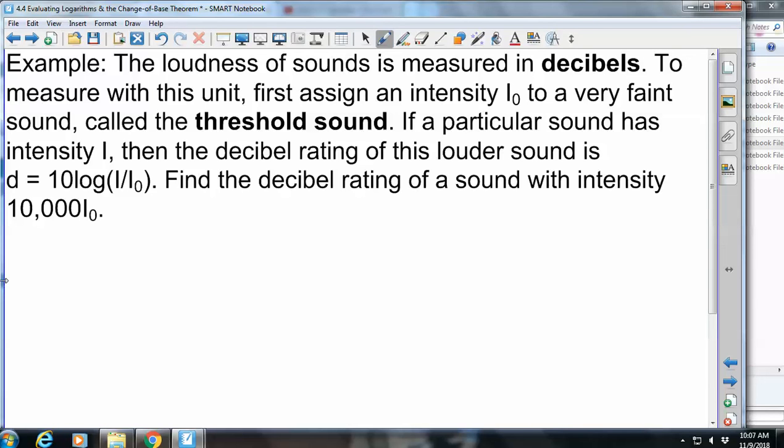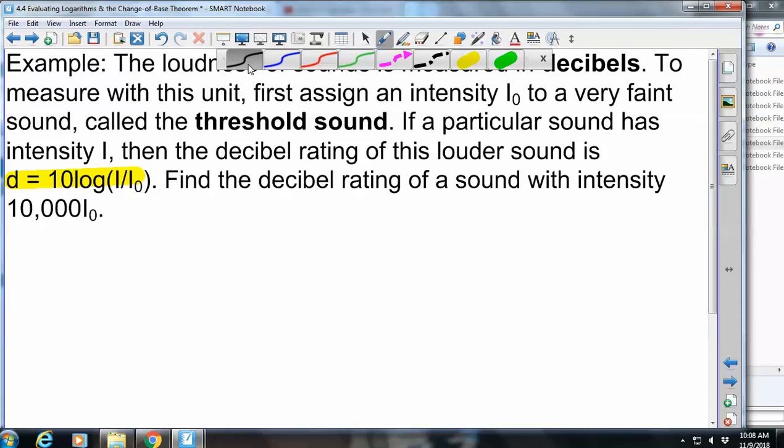If a particular sound has intensity I, then the decibel rating of this louder sound is given by this formula. Find the decibel rating of a sound with intensity 10,000 I sub 0. What variable am I going to plug that in for? The 10,000 I sub 0.